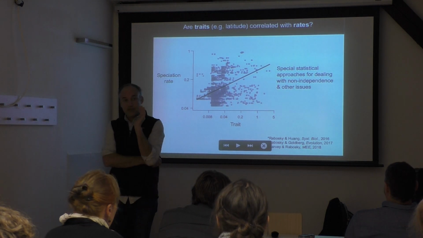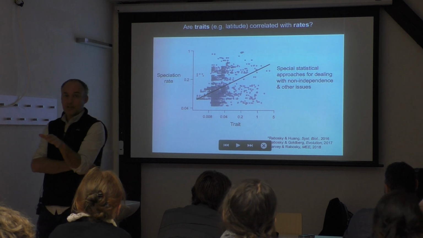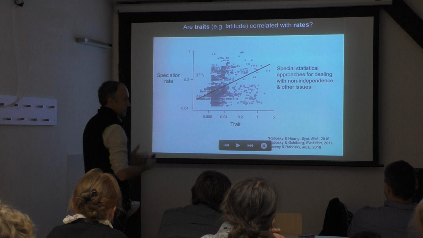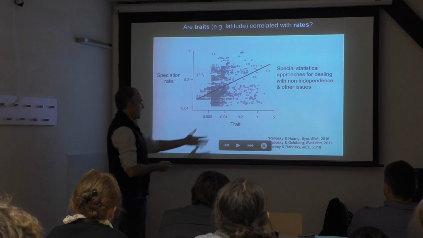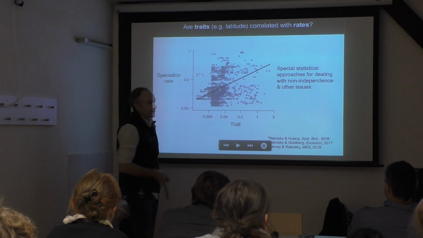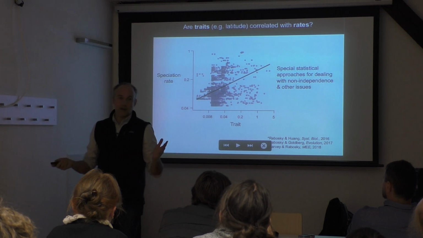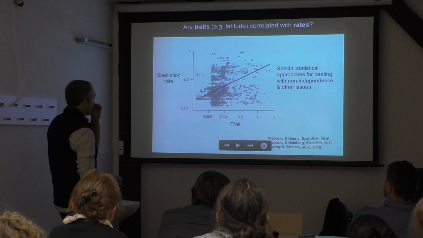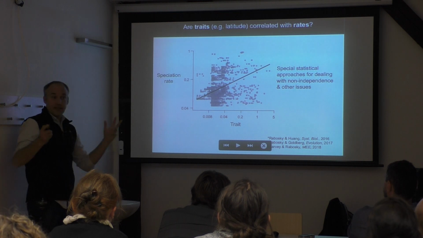All of that we treat with very specialized statistical approaches that control for things like phylogenetic non-independence between taxa. My lab has worked a bit on methods for doing these kinds of things. There are lots of approaches we can use, but all you need to know is that there are approaches to deal with the non-independence of taxa, and that's taken into account if I show you significant results in this talk.